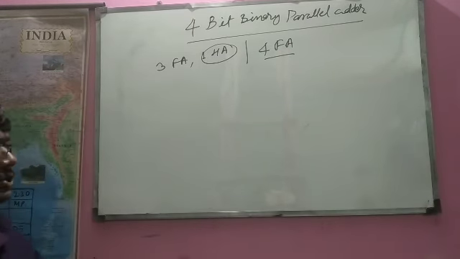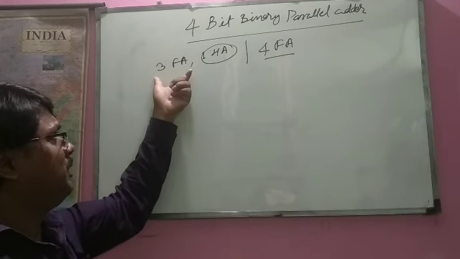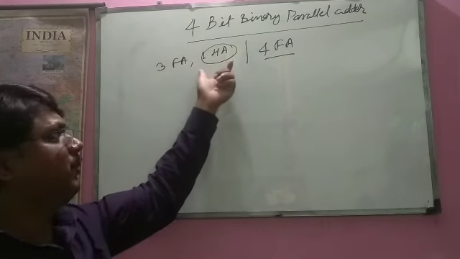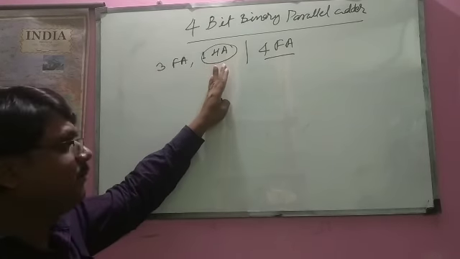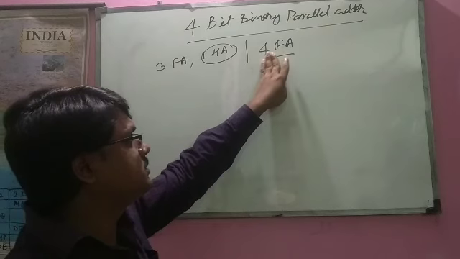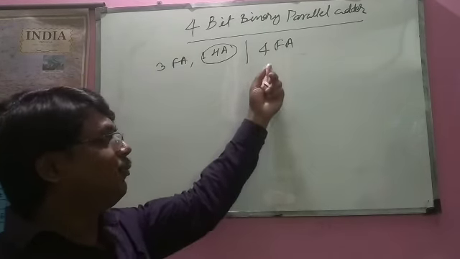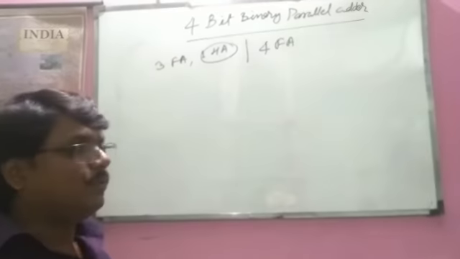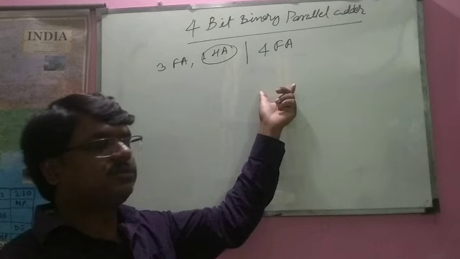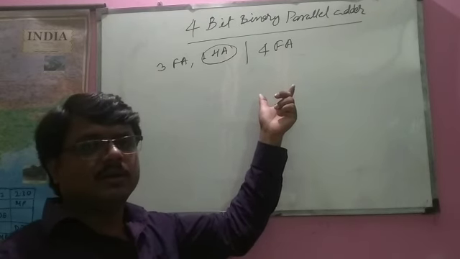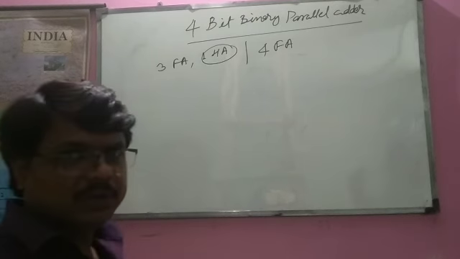So it is not necessary to have 4 full adders; we require only 3 full adders and 1 half adder. But if the half adder is not available, then we will use 4 full adders, taking the first full adder's carry as 0. That's very simple.